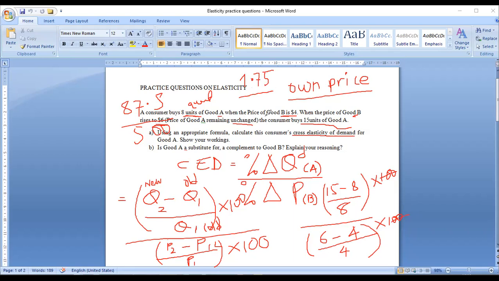So what is the conclusion? What is the nature of the two goods?